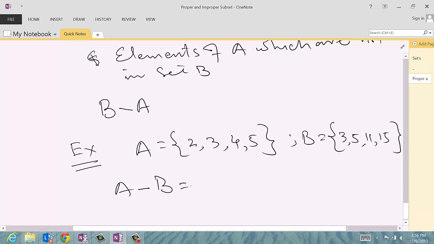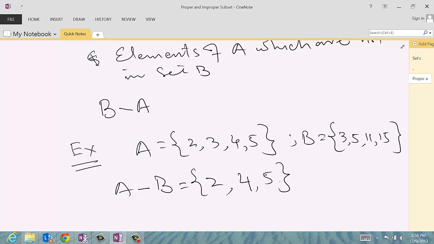Coming back to the definition, A minus B is the set of all those elements of A which are not members of set B. So 2 is not a member of B, so it is included. 3 is a member of B, so we can't include that. 4, yes, because it's not a member of B. And 5 is a member of B, so it is not included.